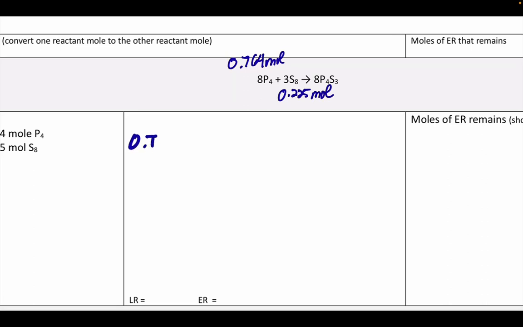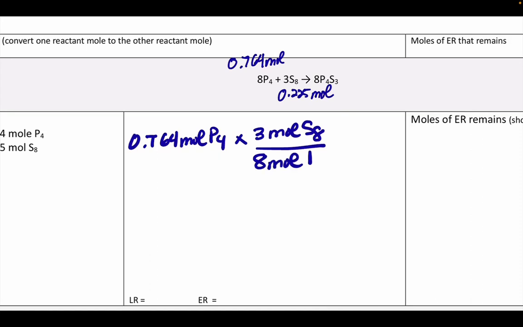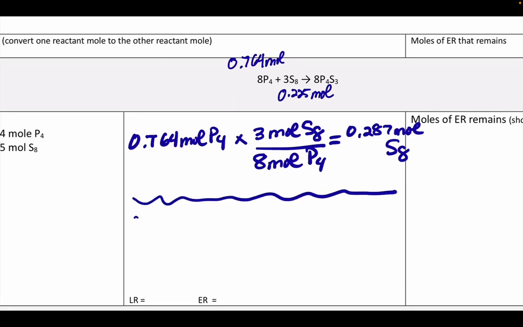So if I take my 0.764 moles of P4 and I want to convert it using my mole ratio into the other reactant, this is how many moles of S8. Or I could have, and you don't have to do both, just do one or the other.